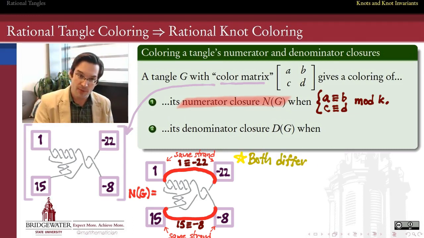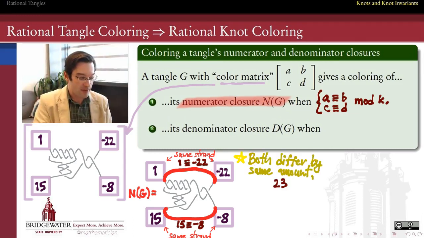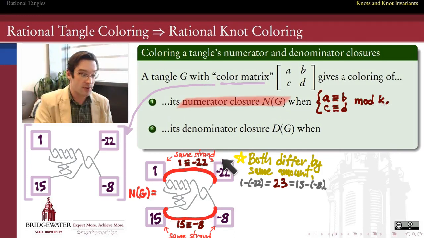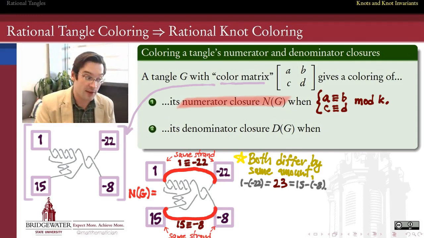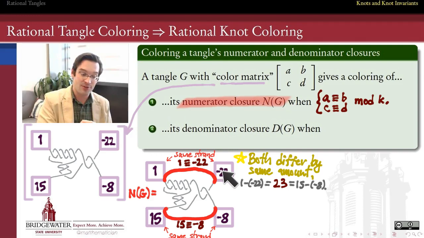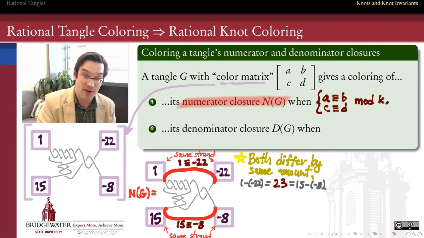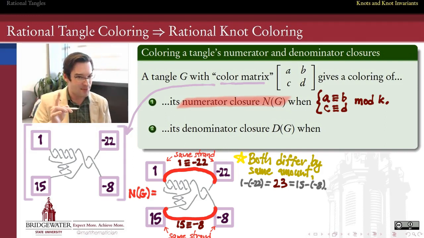One other thing that we notice, by the way, is that both of these differences, the negative 22 and the 1, and the negative 8 and the 15, the modulus that I could use to reduce the integers in this diagram in a way that no longer sees the distinction between 1 and negative 22 is the same as the modulus which would no longer see the difference between 15 and negative 8. So that's interesting, that the difference between the northeast and northwest integers and the difference between the southeast and southwest integers is the same, 23, as one another. That's probably meaningful.